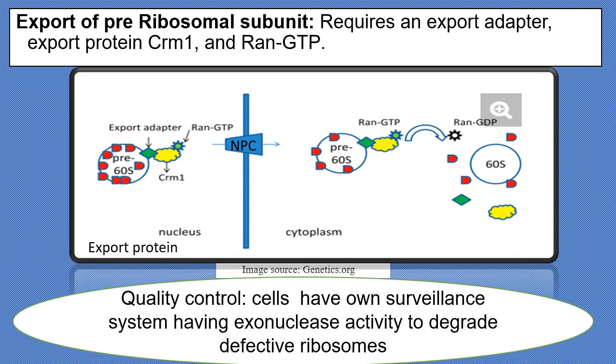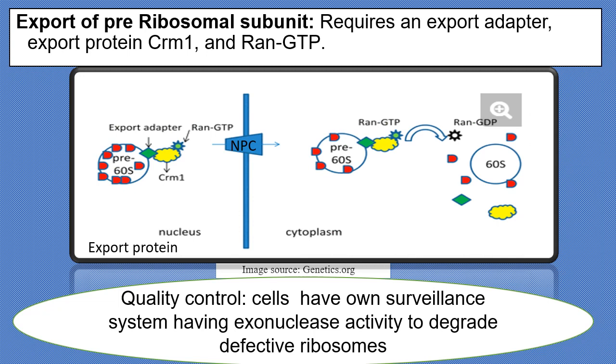Quality control is also an important phenomenon for ribosome assembly as well as ribosome biogenesis. Ribosomes are very complex, so a certain number of ribosomes are assembled incorrectly, and this may lead to a waste of cellular energy and resources.